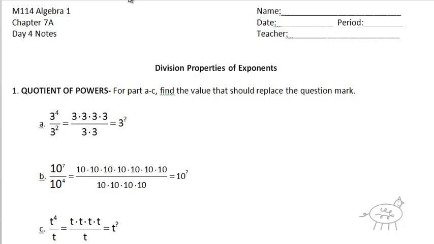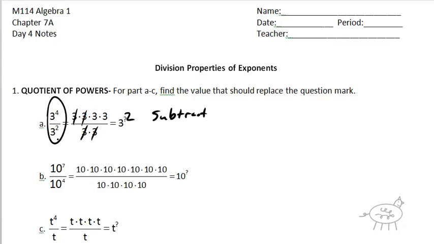Division is kind of the opposite of multiplication. When you multiply terms together, like x squared times x to the 5th, you get x to the 7th. Well, when you divide, you subtract. If I look at this first one, do you agree that if I cancel 3's out like this, I wind up getting 3 squared?